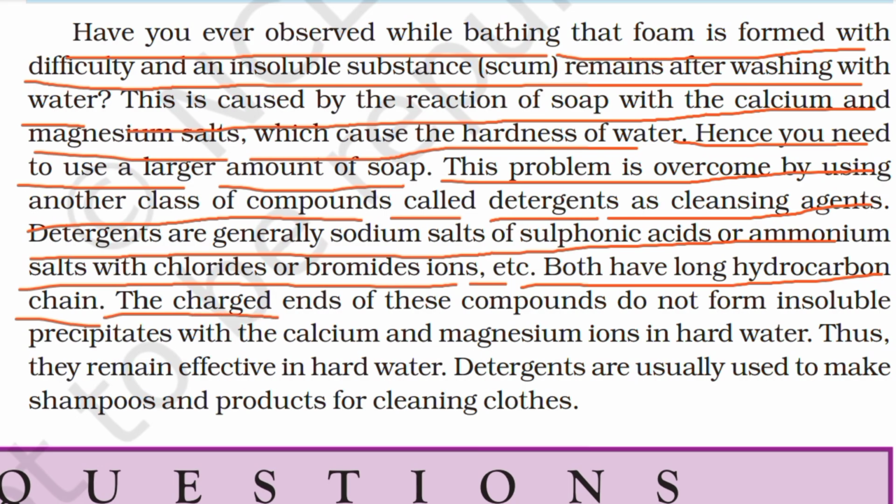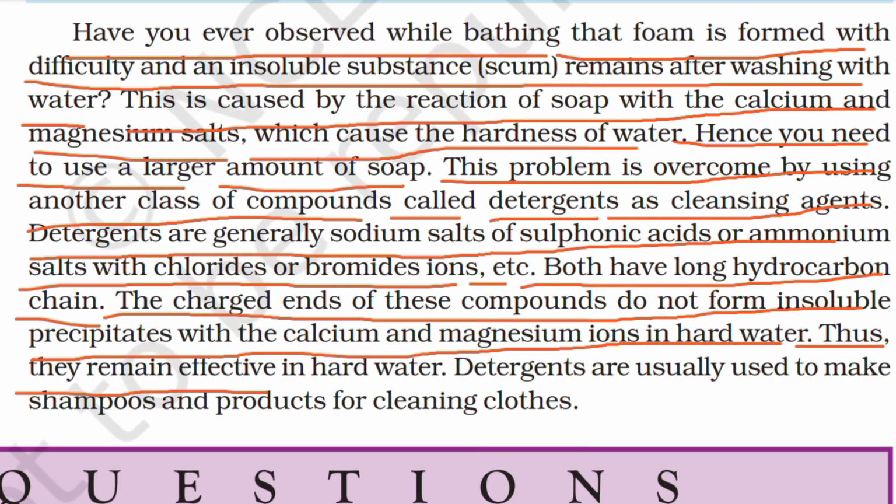The charged end of these compounds does not form insoluble precipitates with the calcium and magnesium ions in hard water. Thus, they remain effective in hard water. Detergents are usually used to make shampoos and products for cleaning clothes.